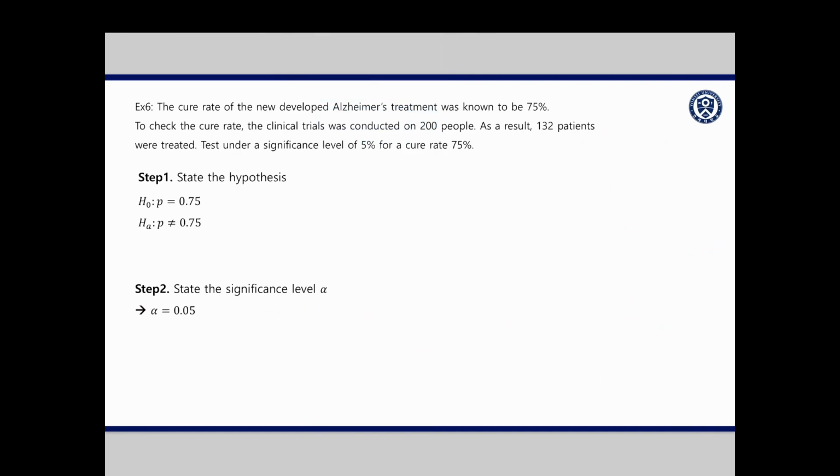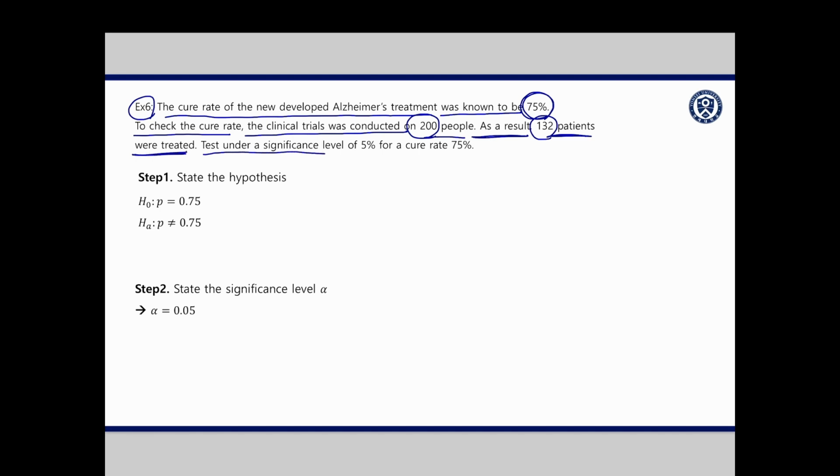Okay, let's look at example 6. The cure rate of a newly developed Alzheimer treatment was known to be 75%. To check the cure rate, a clinical trial was conducted on 200 people. As a result, 132 patients were cured. Test at the significance level of 5% for the cure rate of 75%.